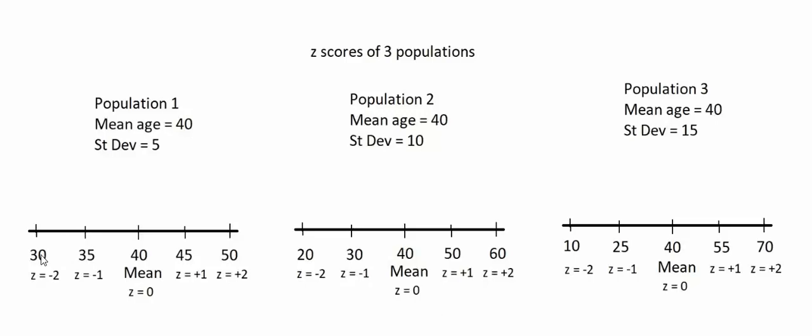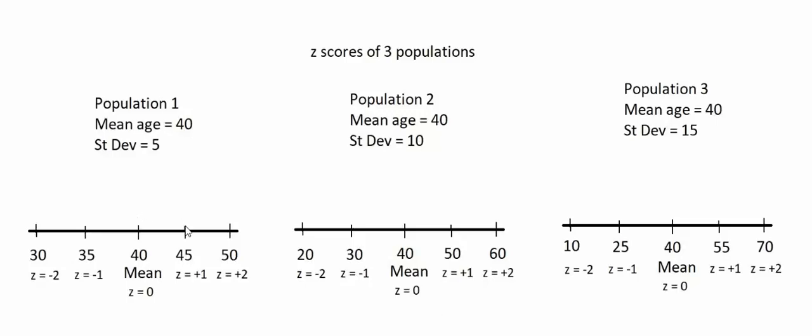Because if you start at the mean and you go up by the standard deviation, and you go up by the standard deviation again, in 2 steps, you get to 50, and that's 2 standard deviations above the mean, and it's +2. -2 is 2 standard deviations below the mean, so if you start at 40 and you go down a standard deviation, and you go down 1 more standard deviation, in 2 steps, you get to -2, which is 2 standard deviations below the mean.